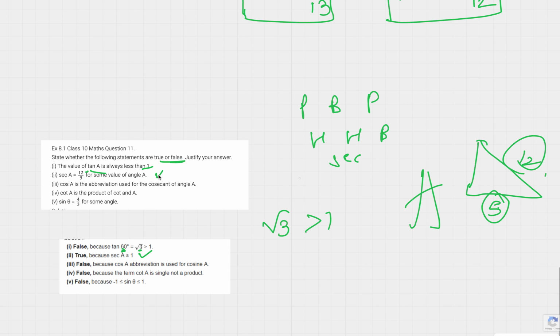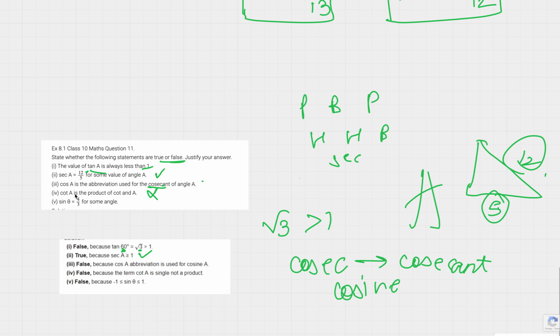So this is true. Cos A is an abbreviation used for cosecant of angle A. False, because cosecant is cosec, not cos. Cos is cosine. Cot A is the product of cot and A?